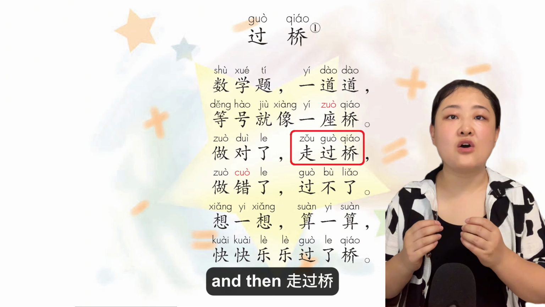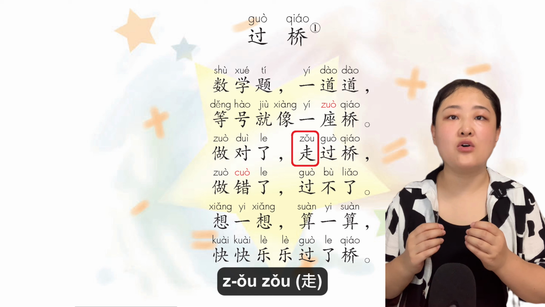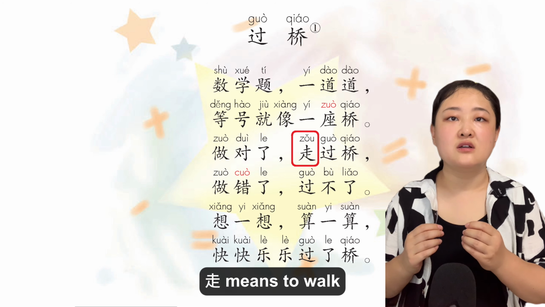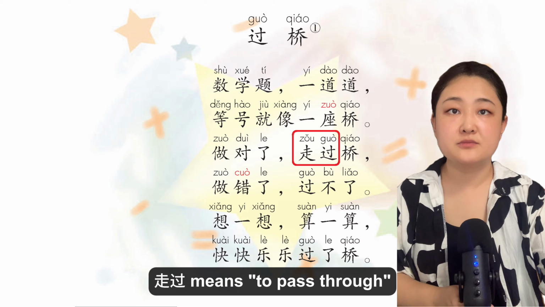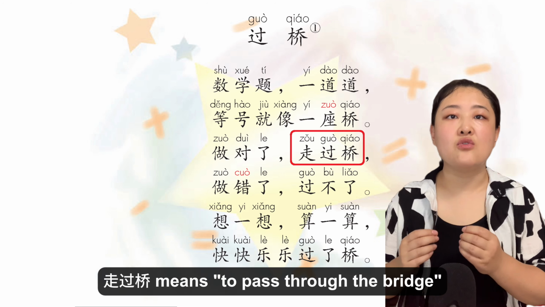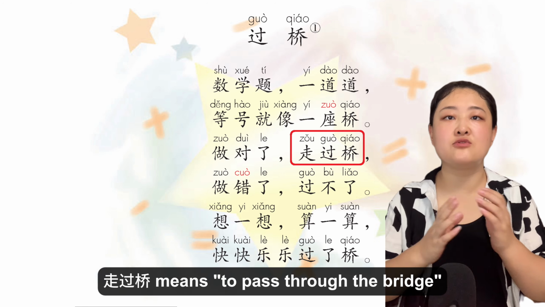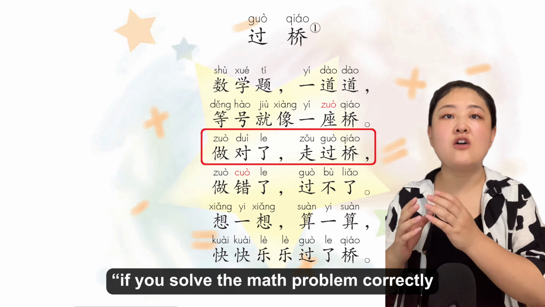And then 走过桥. 走 means to walk. 过 means to be through. 走过 means to pass through. And 走过桥 means to pass through the bridge. If you solve the math problem correctly, it's like you are passing through the bridge.